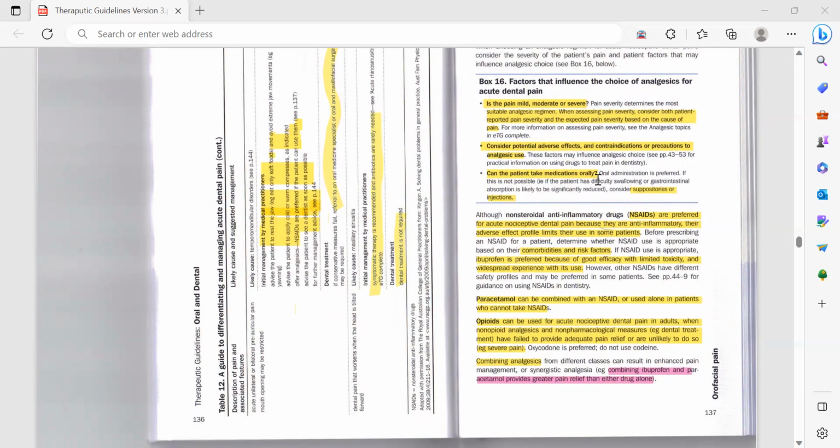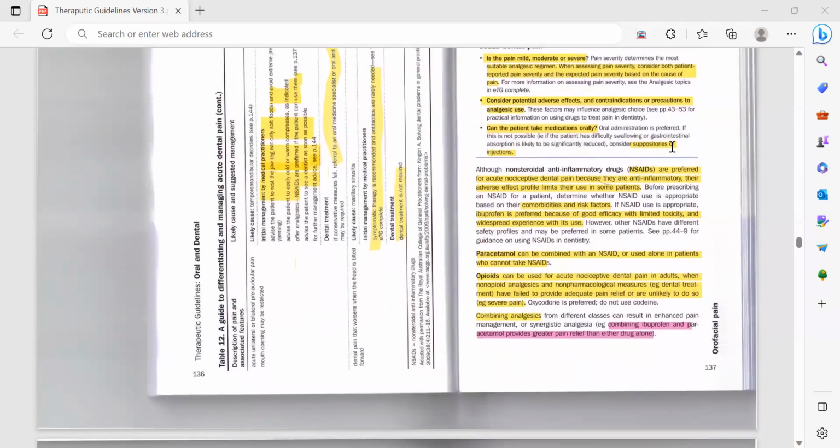Then you need to choose the route for the patient, like oral route or IV or IM. Oral administration is generally the preferred way. If this is not possible, for example, in a patient having difficulty swallowing or reduced GIT absorption, then you need to consider suppositories or other types like injections.